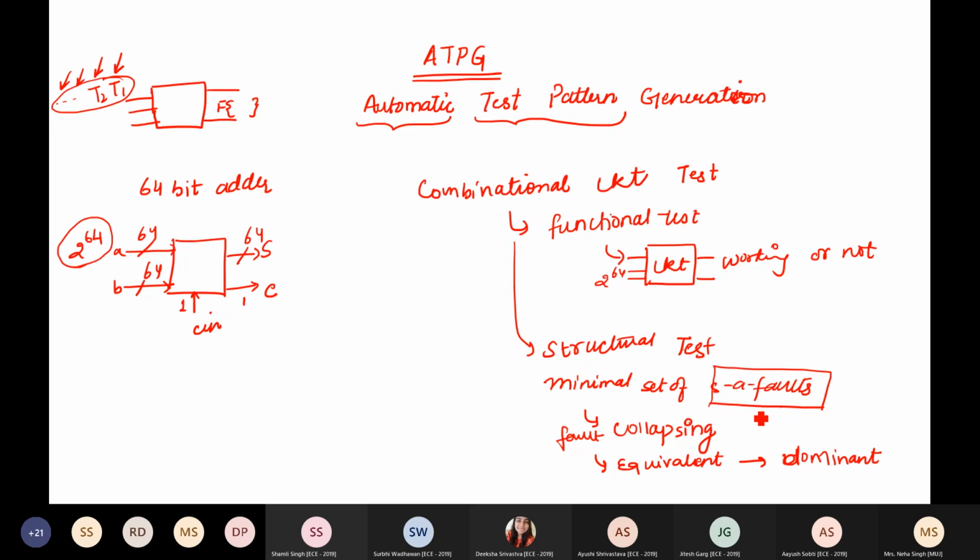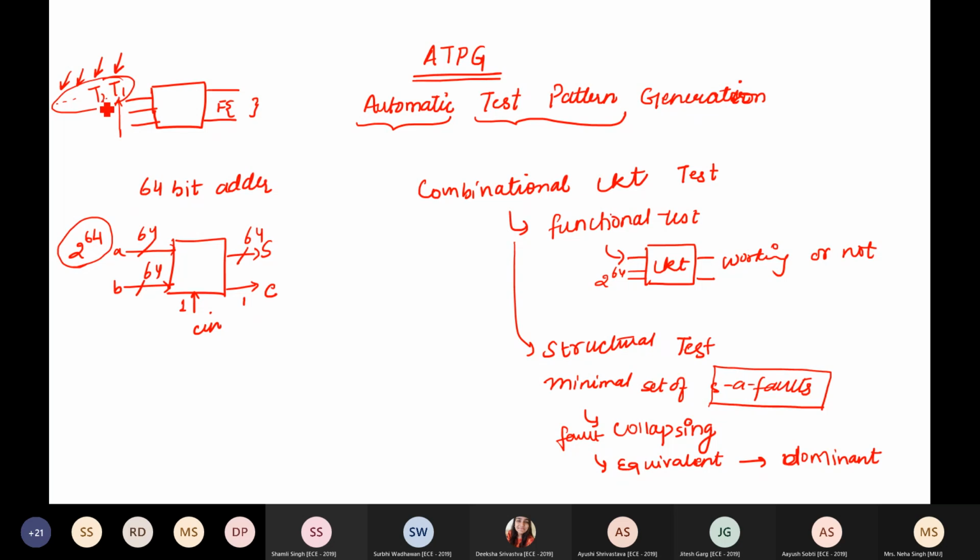If I have reduced the number of faults, then I will automatically reduce the number of test patterns. How do I reduce? Because now one test pattern does not have to detect only one fault, it can detect multiple faults. So now I will choose the first test vector which will detect most of the faults so that the coverage is large, right?